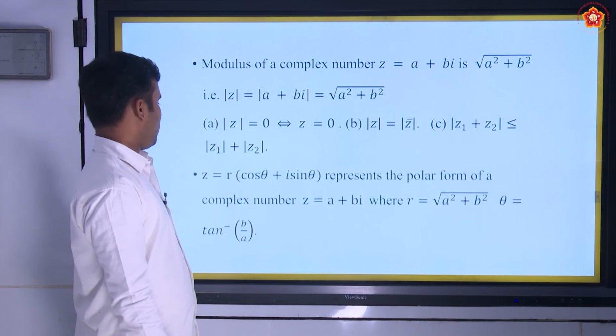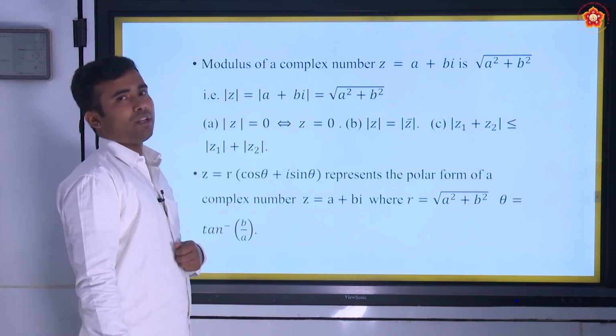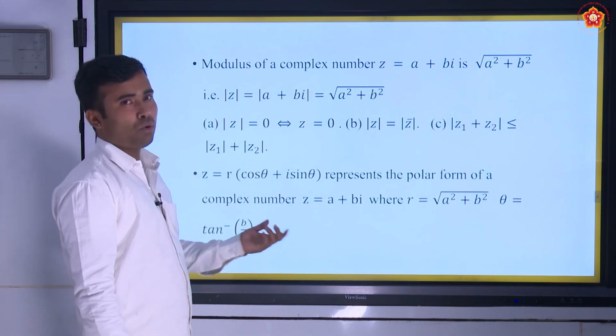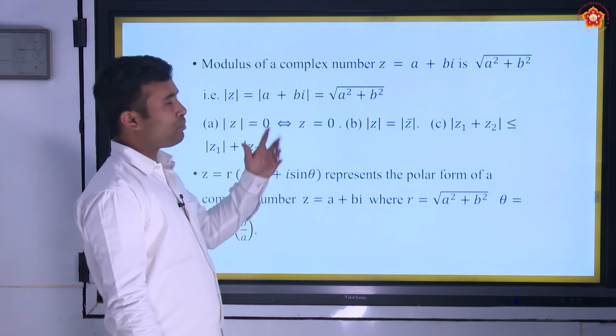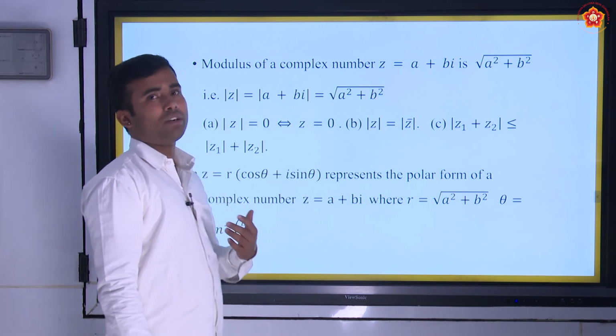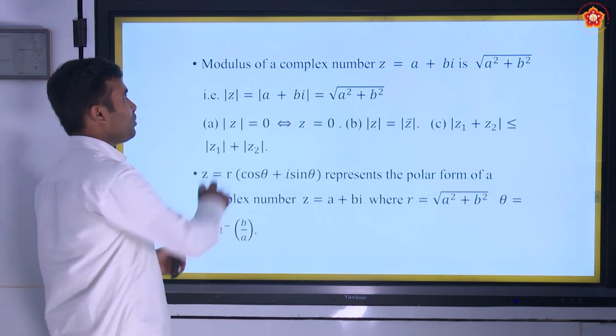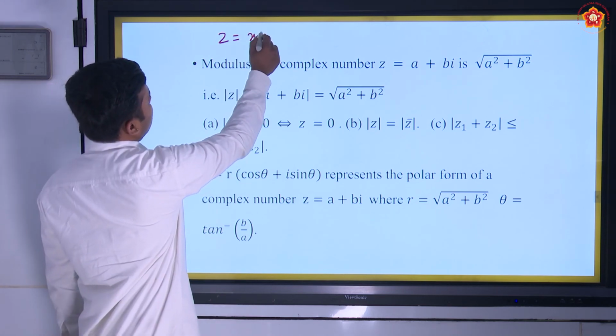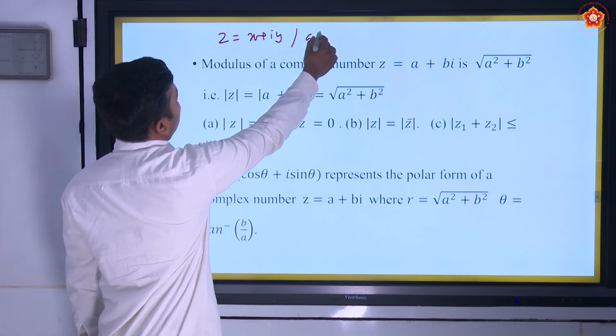And we have expressed a complex number in polar coordinates, and before that we expressed it in Cartesian coordinates as z is equal to x plus iy or a plus ib.